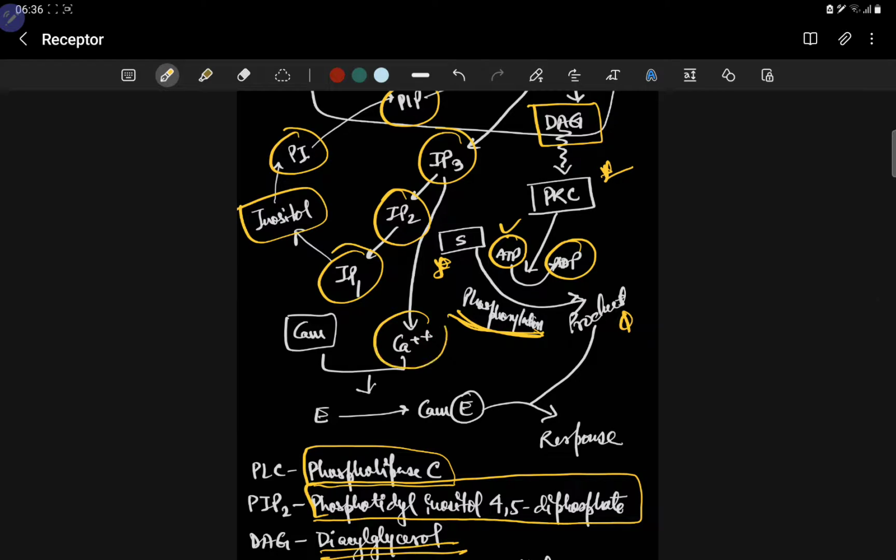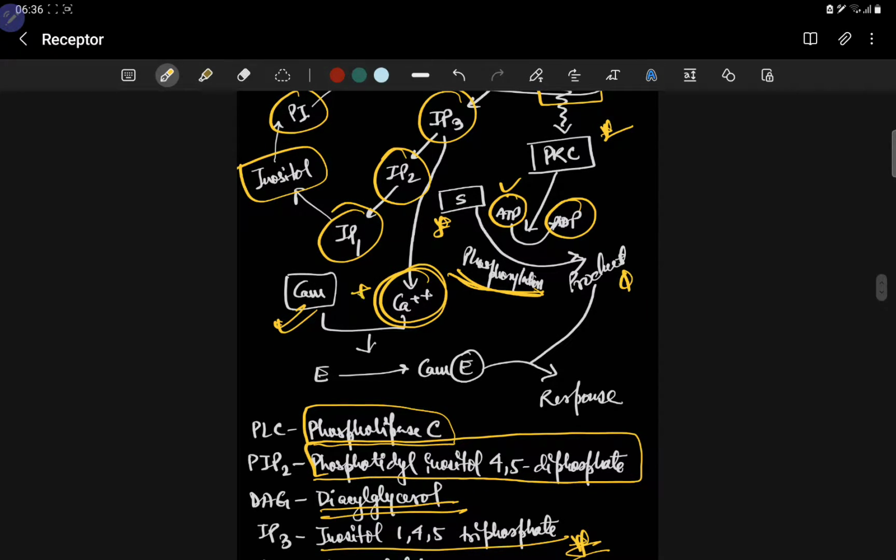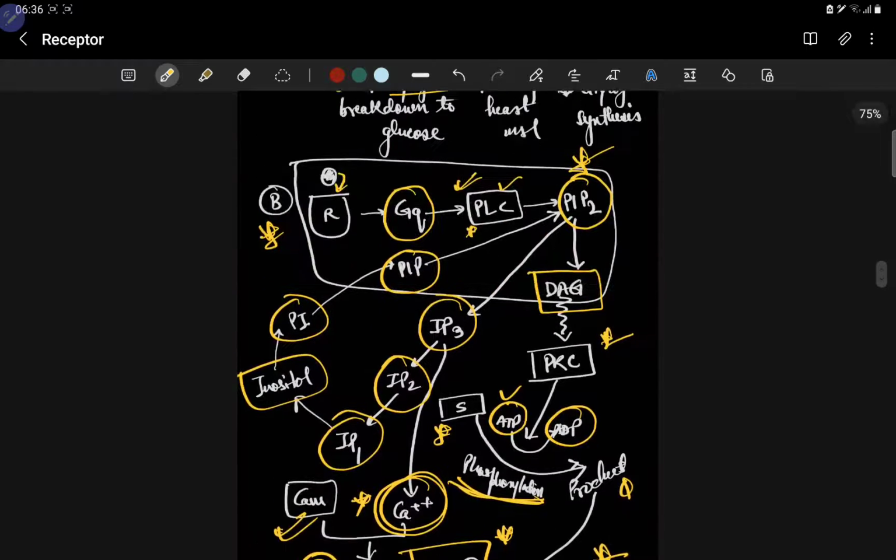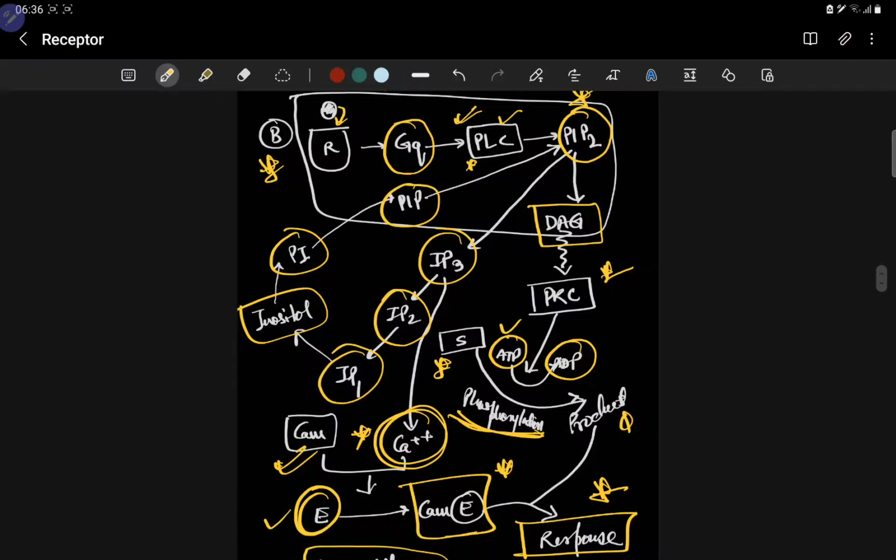IP3 will act on the calcium release, and calmodulin will act with calcium to convert E into calmodulin E, and there is this product as well as CaM E will form a response. So this is a very complex process, okay, but it may be asked in Viva how a receptor will act via the phospholipase C route.